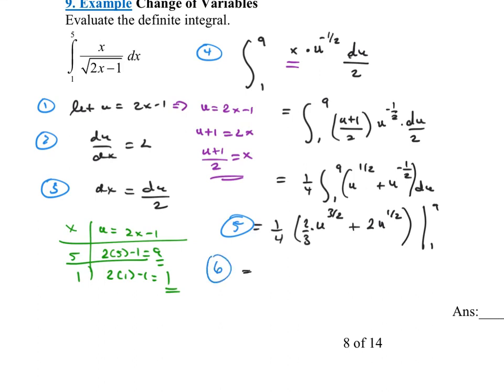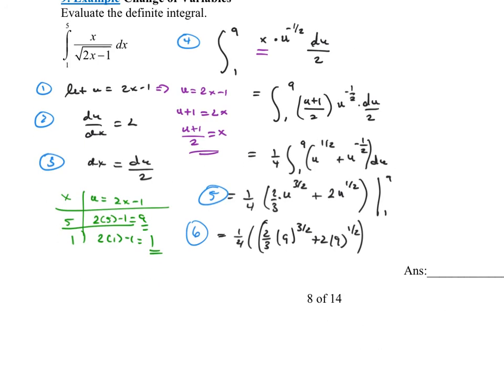So this is going to be a total of 1/4 times 2/3 times 9 to the 3/2 plus 2 times 9 to the 1/2. So that's what I get when I plug in 9. And then, of course, I need to subtract off, plugging in the number 1.